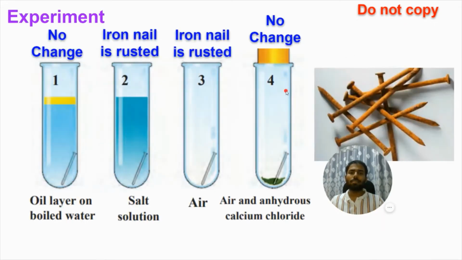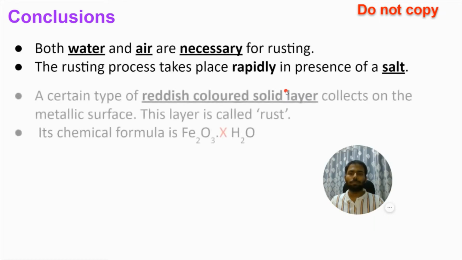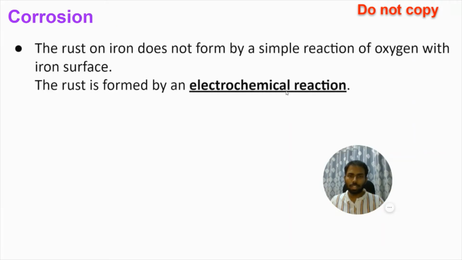But it is not as simple as, okay, यहाँ पे Fe एलिमेंट है, यहाँ पे ऑक्सीजन एलिमेंट है, दोनों कंबाइन हो गए और ऑक्सीडेशन हो गए. It's not that simple. Okay, the reaction is a little more complicated and the nature or the type of reaction is an electrochemical reaction.